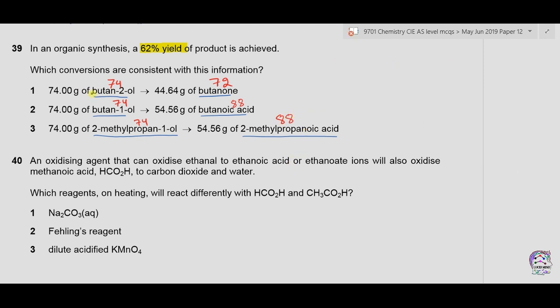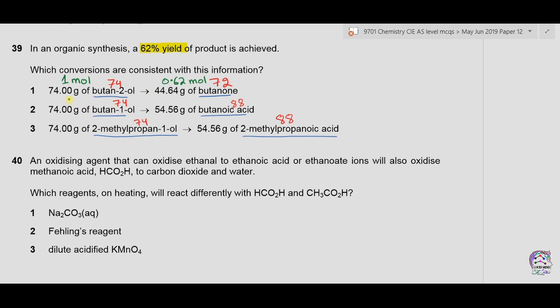Now let's find the number of moles of each substance. We have 74 grams of butane 2-ol, so the number of moles will be mass in grams divided by molecular mass, which comes equal to 1 mole. Similarly, for butanone we have 0.62 moles.